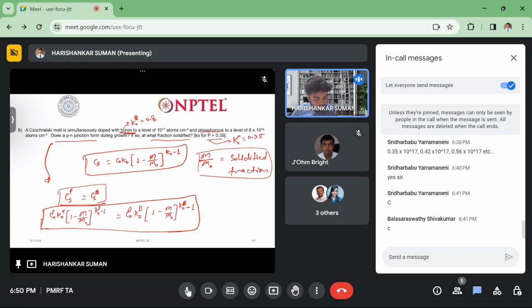Please put the value. This is boron and this is phosphorus.